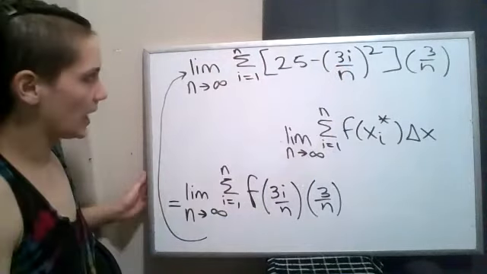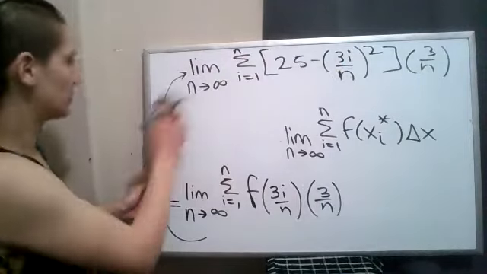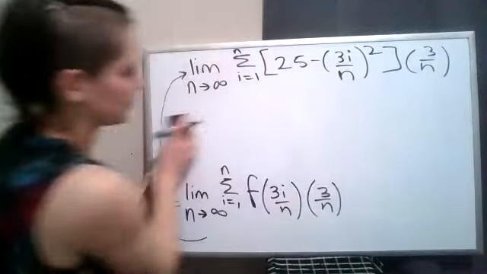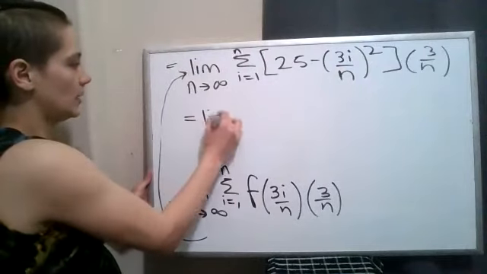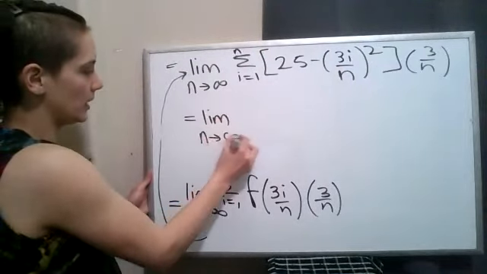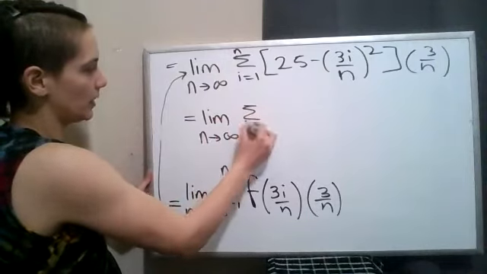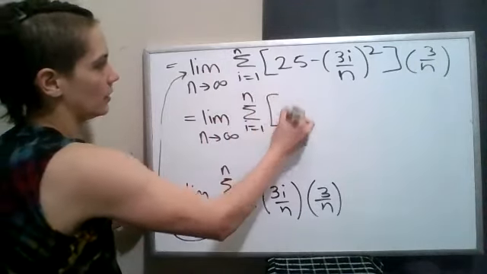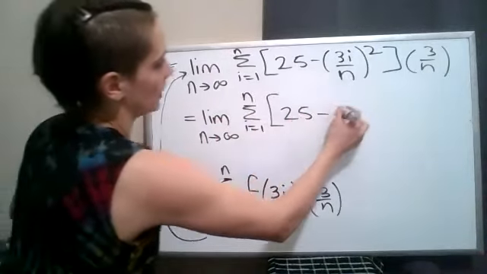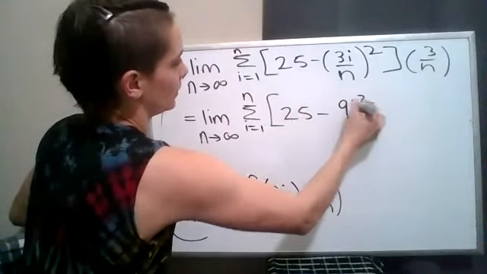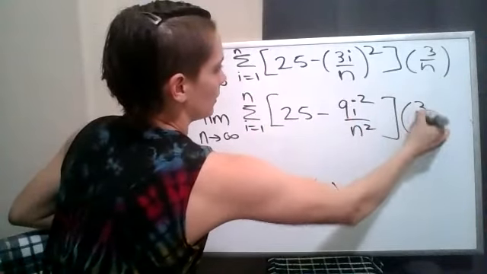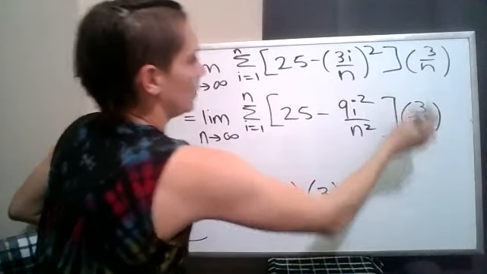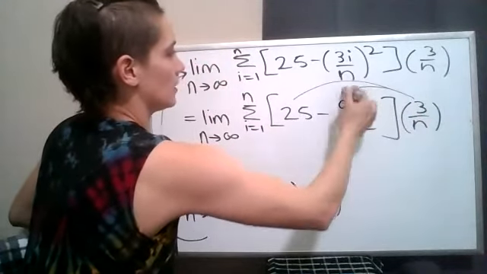So we have the limit as n goes to infinity of the sum from i equals 1 to n of (25 minus 9i squared over n squared). Okay, distribute that.